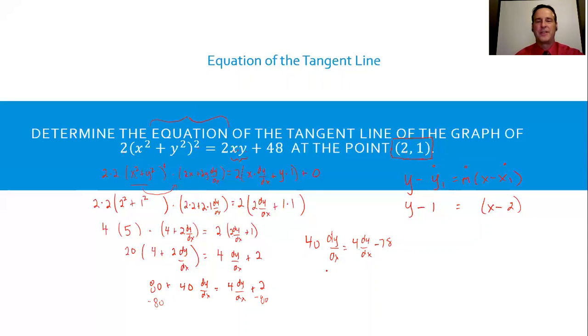And then I'll subtract 4 dy/dx from both sides, and that will give me 36 dy/dx equals negative 78. And my last step, if I've done everything right so far, is divide by 36. Okay, and those will go away. I can reduce if I want to. There's nothing that says I need to. But if you wanted to, 2 goes into both of those. I think that'd be 39 over 18. I think that goes in this spot, assuming I didn't make any silly mistakes, and that is a negative.